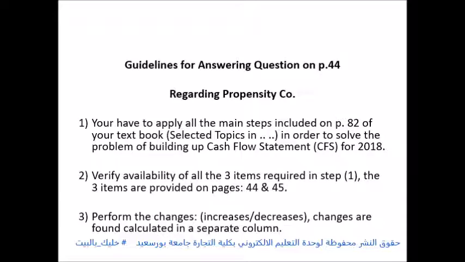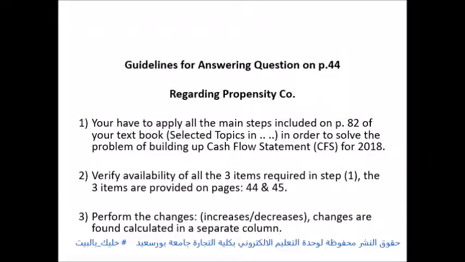Assuming there is an asset with the amount of 200,000 Egyptian pounds on the first day of 2018. At the end of year 2018, it has come to be 250,000. This means there is an increase from 200 at the beginning of the year up to 250 at the end of the year.